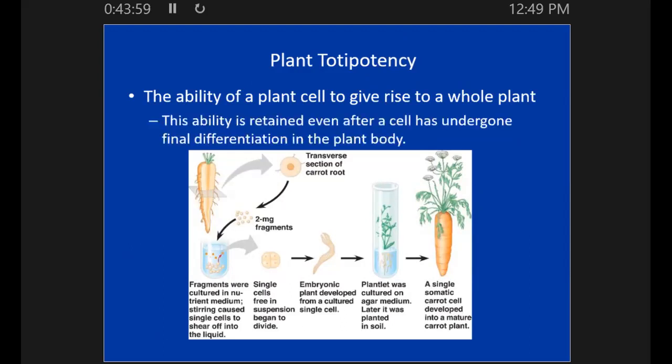So you can take just a handful of cells from a plant and clone it into a full plant using the proper tissue culture techniques, the proper ratio of hormones and nutrients. And so we do this experiment traditionally in plant phys class. In my new class that I'll teach in the fall, the applied plant science, we will also dabble with this concept as well. So again, just remarkable ability.